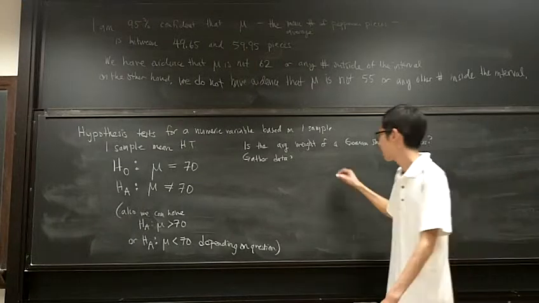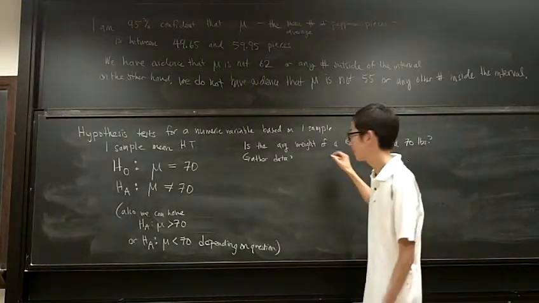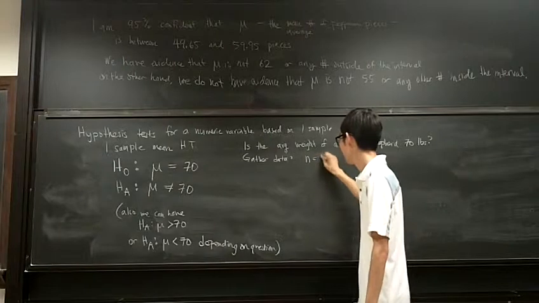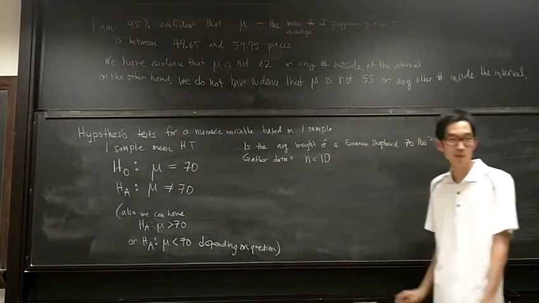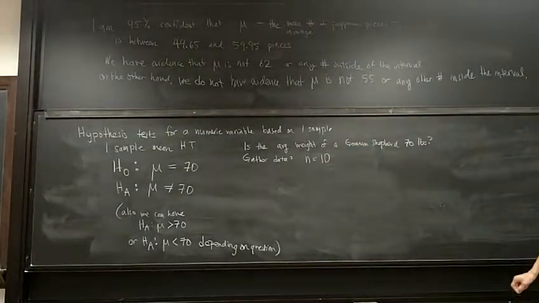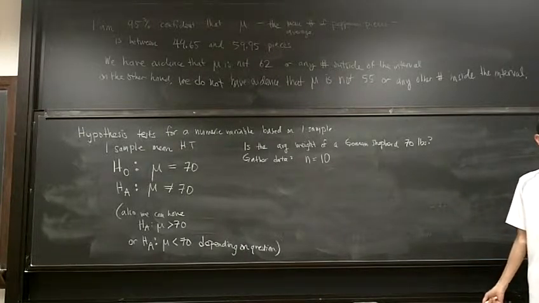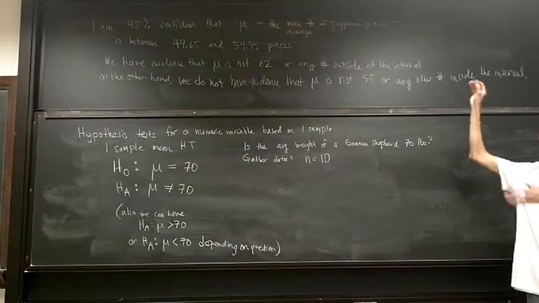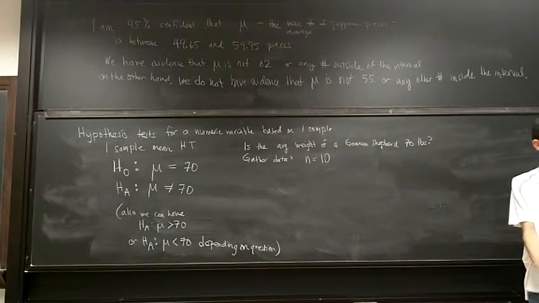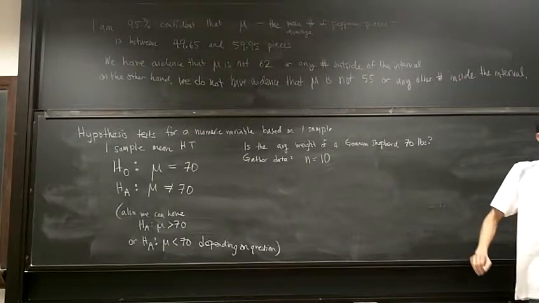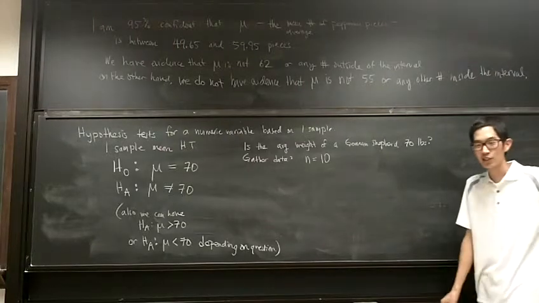Okay, let's just say we looked at 10 dogs. And what was the average weight of the 10 dogs that we looked at? I could list off all 10 numbers, but just for shortcuts, we'll jump straight to the average and the standard deviation.